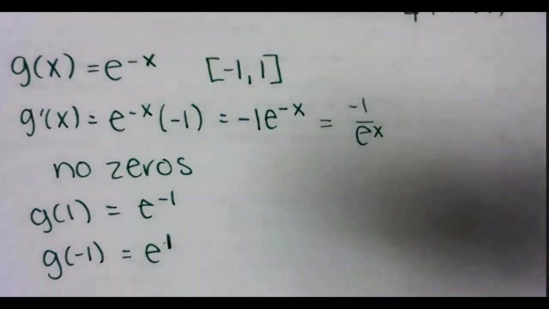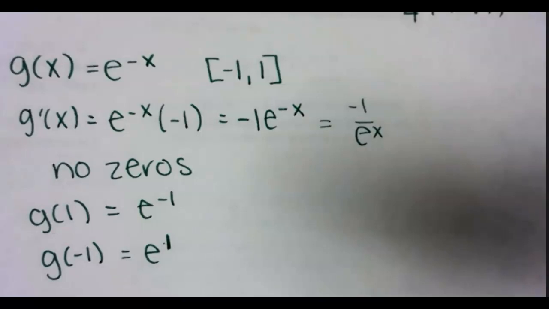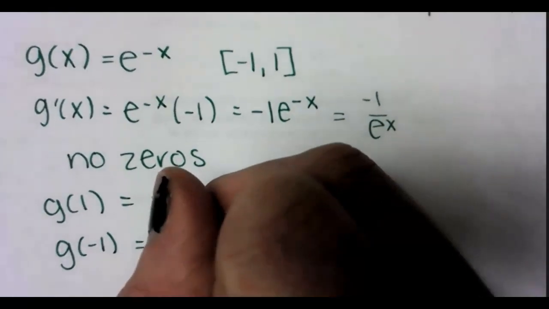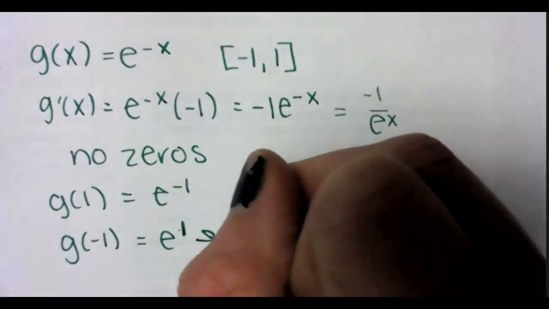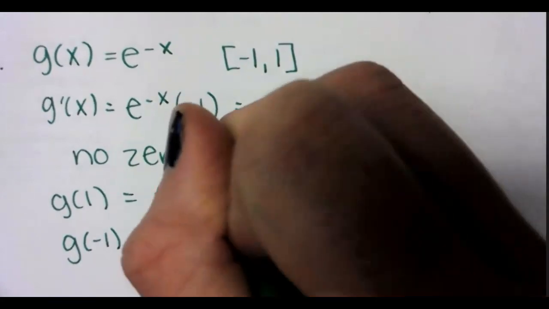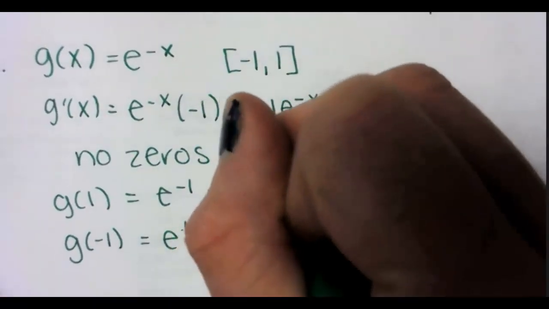So e to the -1 and e to the 1. Well, we know e to the 1 is like 2.63 blah, blah, blah. E to the -1 would be 1 over 2 point all of that. So it's easy enough to say that the maximum is going to be at -1, and the minimum is at 1.